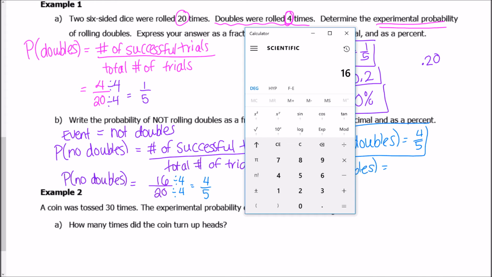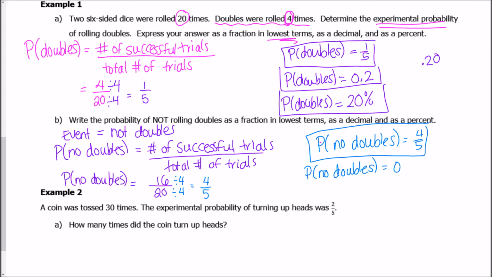Or I can take 16, divide that by 20, and I also get 0.8. So right here, the probability of no doubles is 0.8. And then the probability of no doubles as a percentage is 80%, because 0.8 is 80%. It's also 80% because if 20% were doubles, then the rest, the 80%, were not doubles.